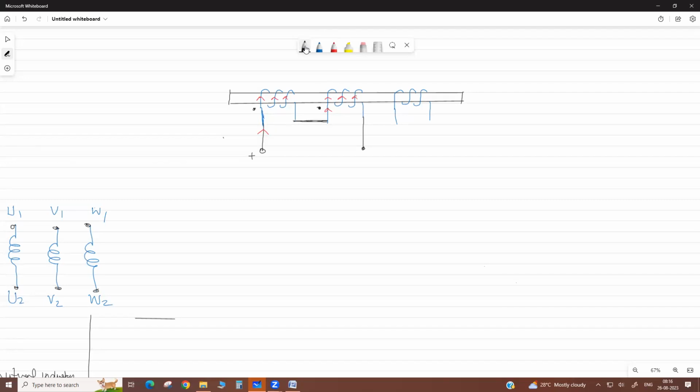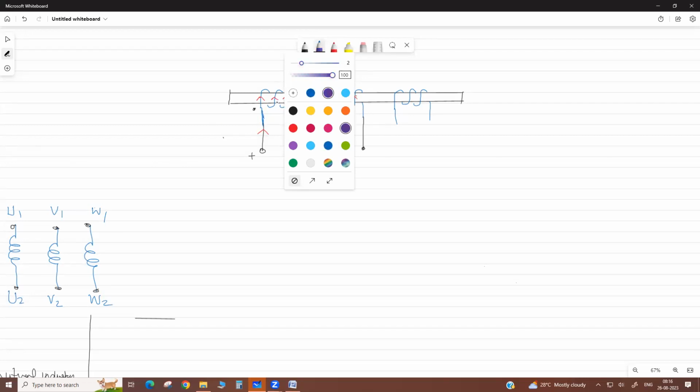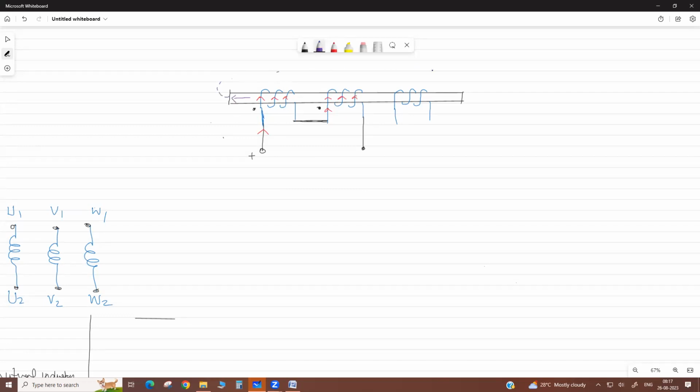The flux produced by coil 1 is in this direction, phi 1.